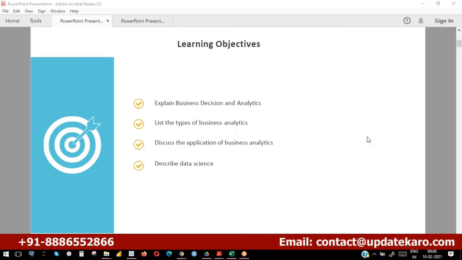What is the goal of any business? Any business starts with a goal of serving the community, at the same time to make profits, to generate high revenues, right? To increase the customer satisfaction side by side.